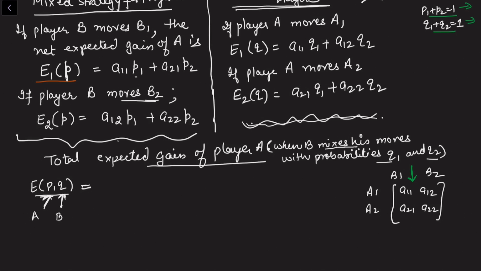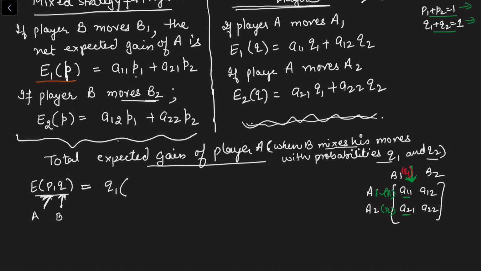This means the expected gain for A1 is this into the probability, that is P1, and this into its probability P2. So I am fixing now B1, and then the expected gain for A1 and A2 is this quantity. So that means Q1 probability, because the selection for B1 comes with the probability Q1.